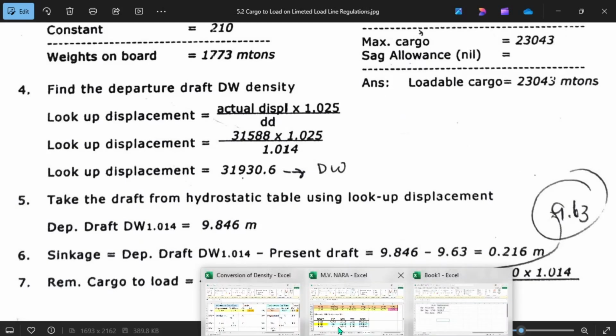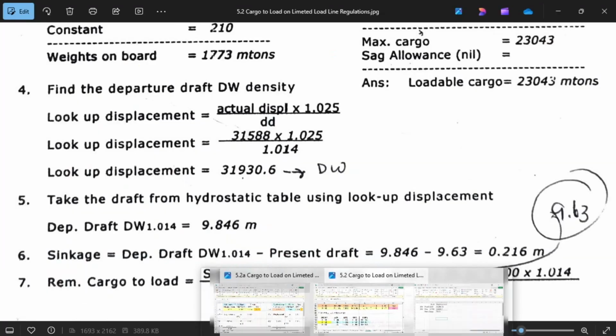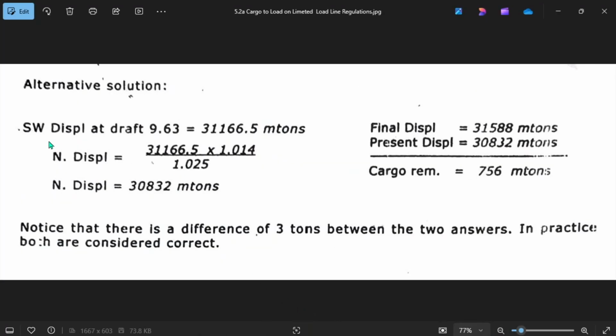I'll show you, guys. Let me check first. Salt water, so you're finding here salt water. So the displacement when you're floating at 1.014 and draft of 9.63 should be 3166. Okay, we put this one.